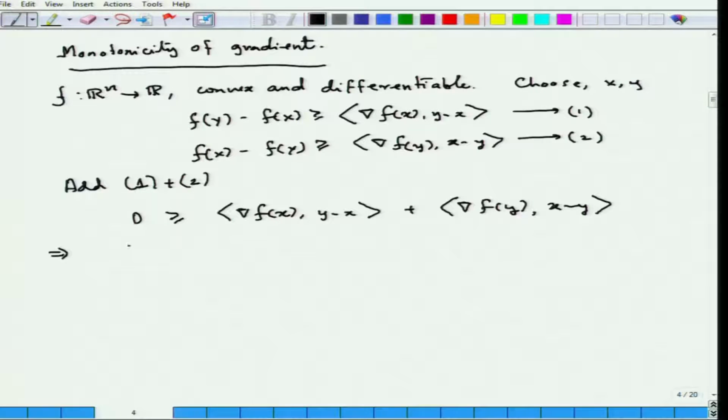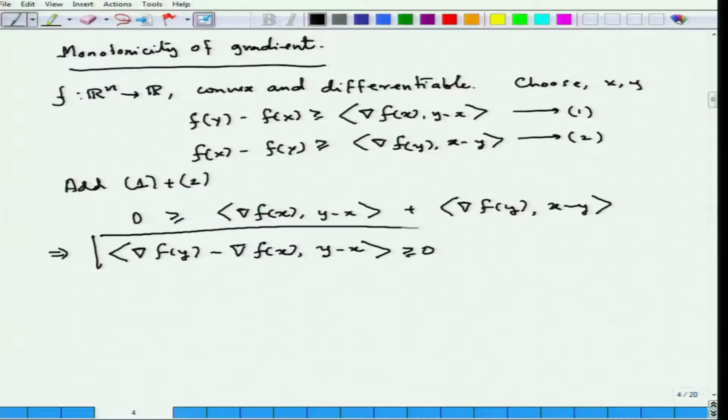So, this would immediately show that grad of f y minus grad of f x into y minus x is greater than or equal to 0, and this is the monotonicity property of the gradient. This property is called monotonicity.